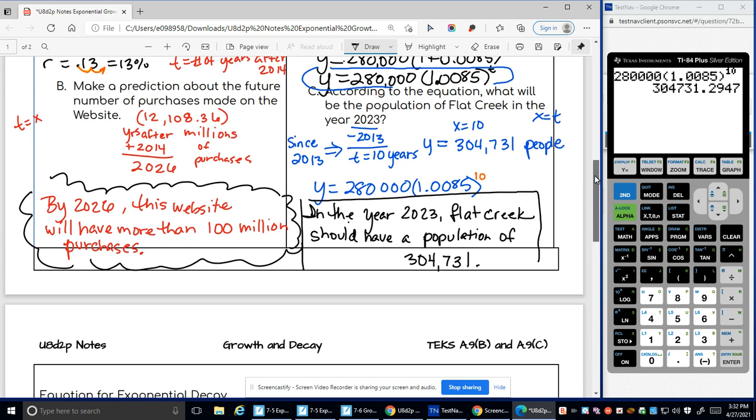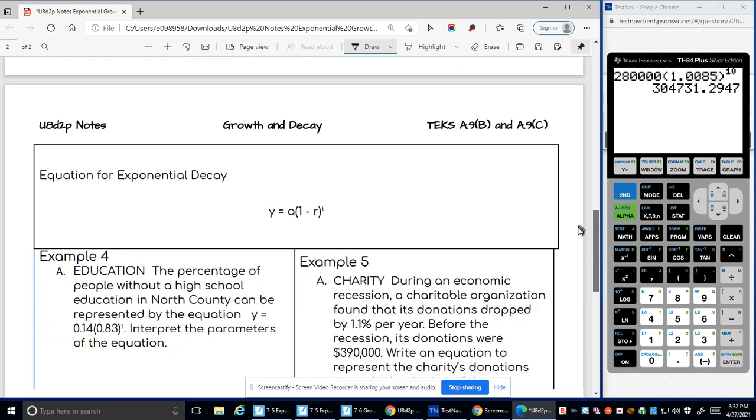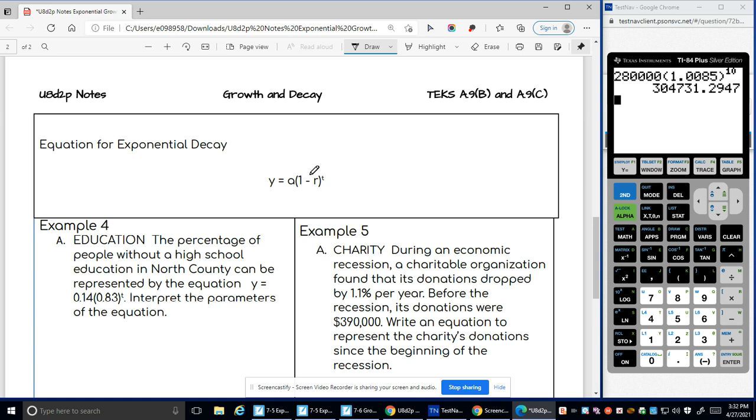Now, when it's decay, essentially we're looking at a number that's going to be smaller than 1, which makes sense because it's subtracting the rate, right? So same thing right here, right? This is going to be our total. This is going to be the total final amount.